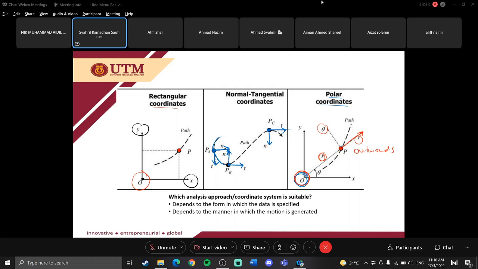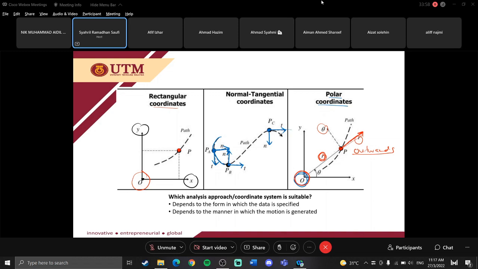The r axis is always outward from the origin. Usually the problem will provide the r from the reference point to the particle. So you know that this will be your r, and then you just draw the outward line to represent the positive r axis, always outwards from the particle.